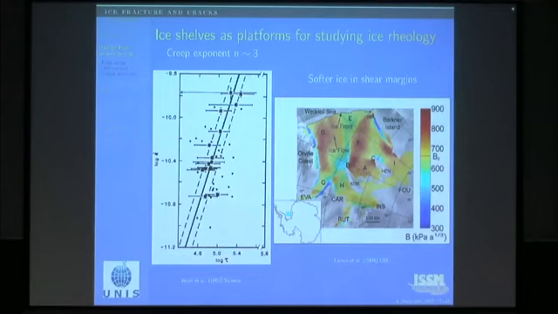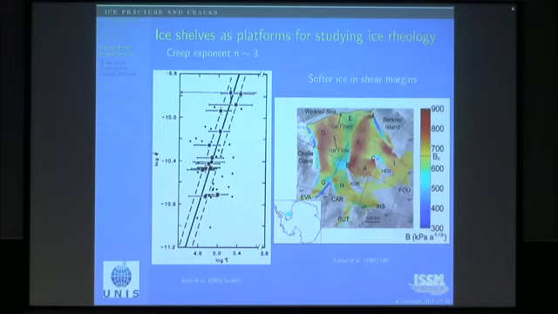Early studies were used to figure out what the power law creep exponent of ice should be. Nowadays, we take it as a given that this creep exponent is 3, and then we can look at spatial variations in ice property and find that ice is softer in the shear margins, where it's strongly shearing past embayment margins.